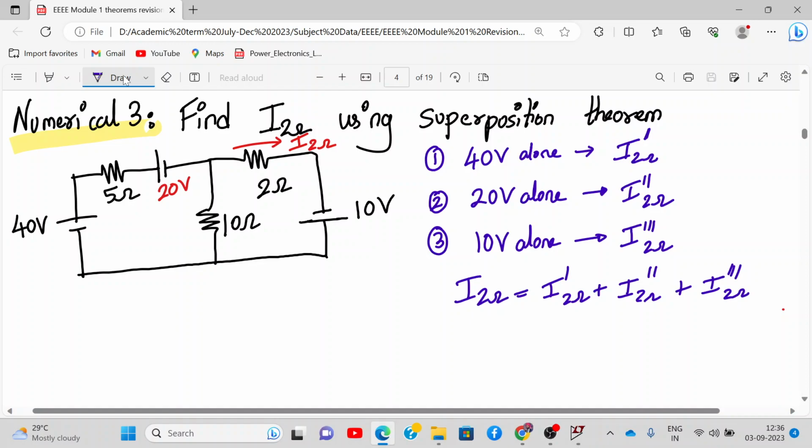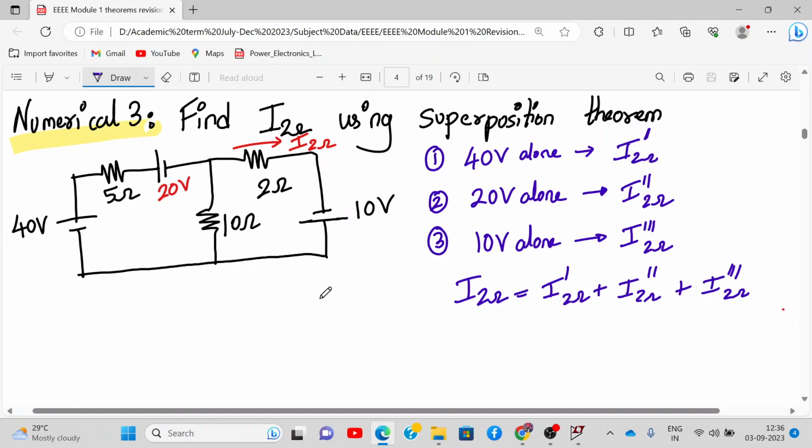There are three sources: 40 volt, 20 volt, and 10 volt. First, you consider one source at a time. When you consider the 40-volt source, 20 volt and 10 volt will be short circuited, deactivated. Then you find the current flowing through the 2 ohm resistance. We call it I2 dash. Then we go to the 20-volt source. We deactivate 40 and 10, and again find the current, which we call I2 double dash.